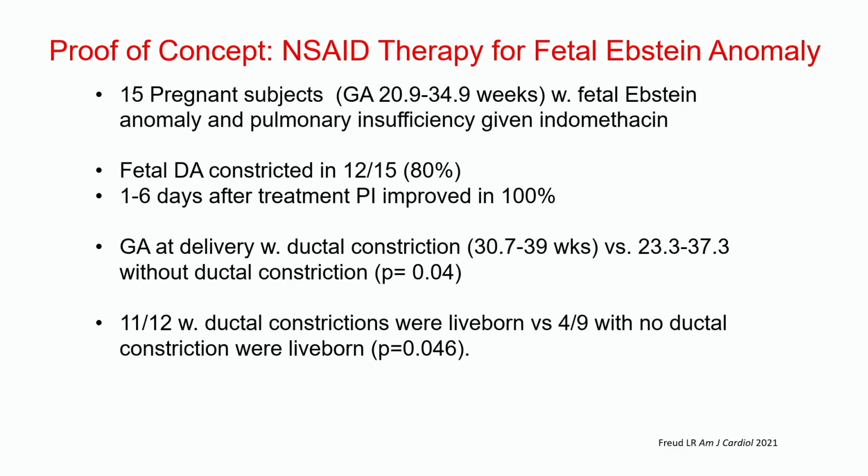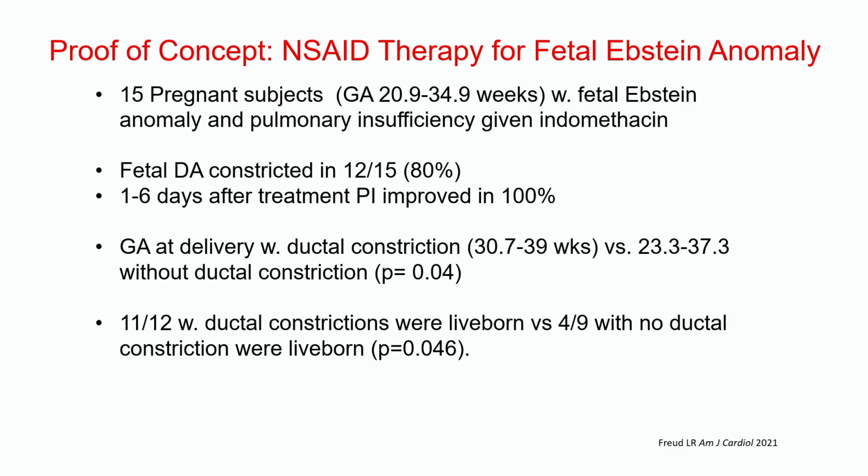What was the effect on the outcome of the babies? Well, the gestational age at delivery of the patients who successfully had ductal constriction was 30.7 to 39 weeks versus 23.3 to 37.3 weeks for those in whom indomethacin failed to constrict the ductus.